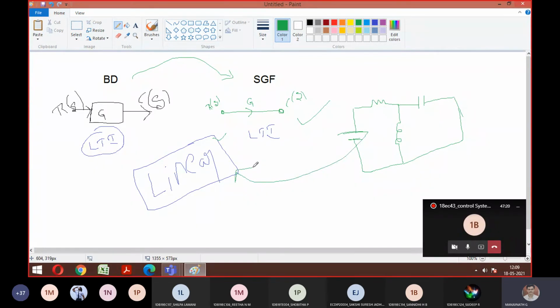If the value of R was 10K, after supplying voltage it won't become 20K. Will it become 20K? No, sir. Such a kind of system is what I call linear. So both block diagram as well as signal flow graph are applicable to this type of linear system, not to non-linear systems. That is the first thing.